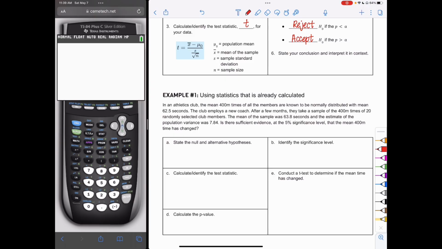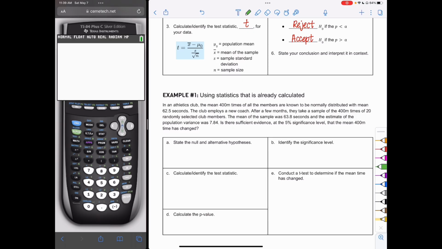After a few months, they take a sample of the 400-meter times of 20 randomly selected club members, and the mean of the sample was 63.8 seconds, and the estimate of the population variance was 7.84. Is there sufficient evidence at the 5% significance level that the mean 400-meter time has changed?